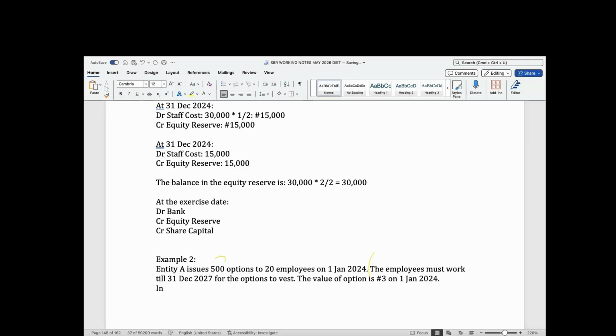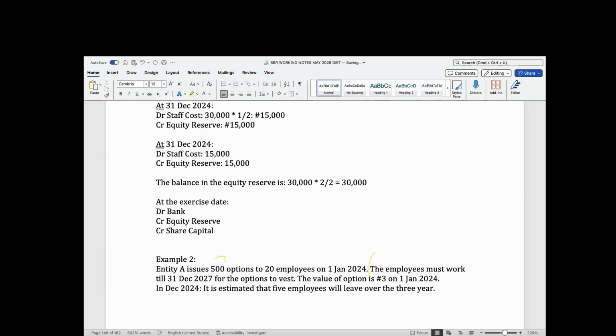So they now say that in December 2024, it is estimated that 5 employees will leave over the period, or over the 3 years, let me put it that way.